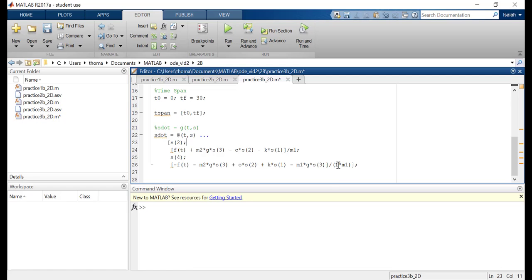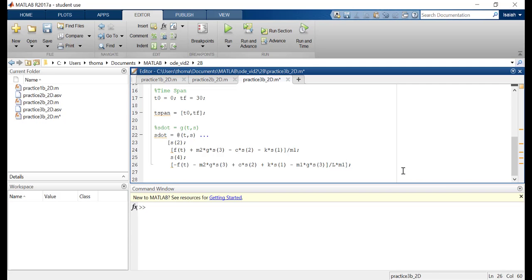Another thing that I want to point out is this thing over here. Be very careful when you're doing multiplication and especially division in MATLAB. These parentheses are necessary. Sometimes people forget them. If you write this by hand, a person might think this means this long expression divided by the product of L and mass 1.